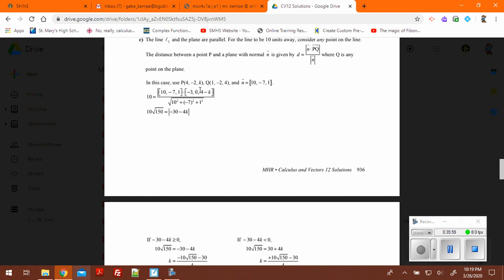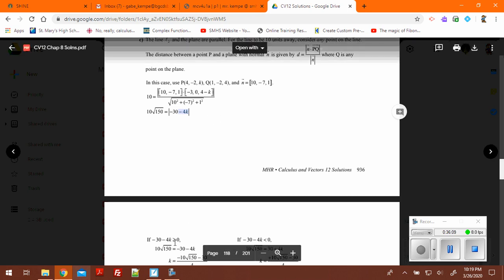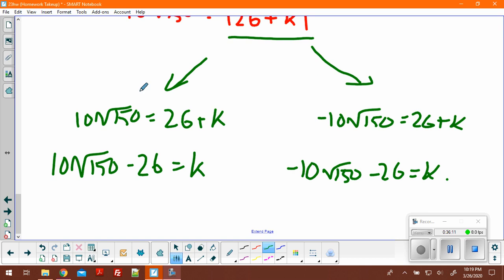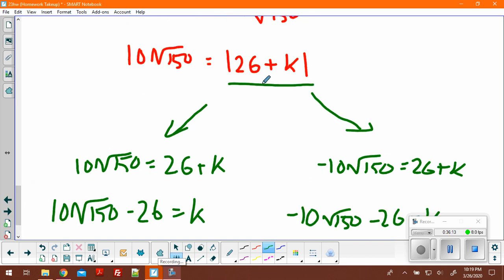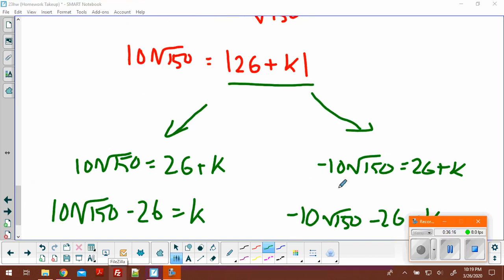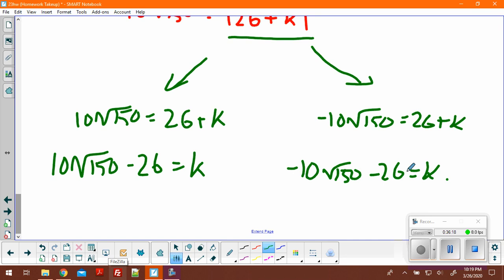But then 1 times 4 minus k suddenly became negative 4k, which is not correct. They should have had plus 4 minus k, which would give you a variation of what we had here with 26 plus k. So these are the two answers, and if you want to run that through your calculator, you can see what the values are.